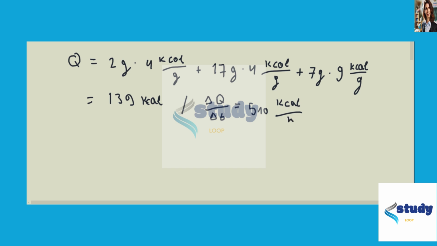So we need to multiply this by 1 over 3600, which is 1 hour over seconds, in order to obtain this in a different form, which is 0.1417 kilocalories over second.